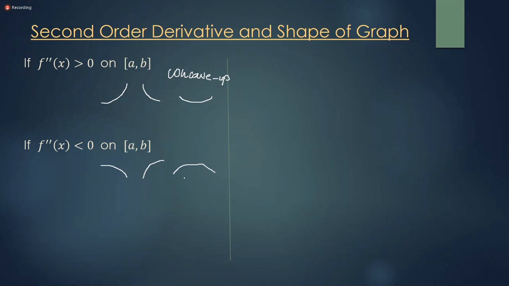So it's called concave down, or concave downwards, or we can sometimes say simply concave, because it looks like a cave, like an entrance to the cave. So we can say also concave and convex. Concave is the same as concave down, convex is the same as concave up.